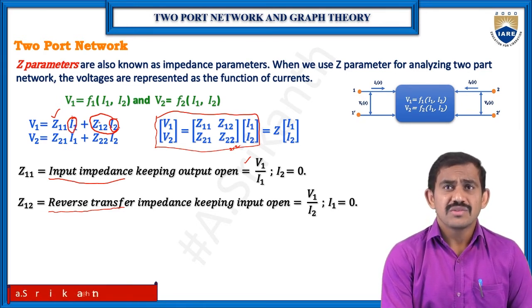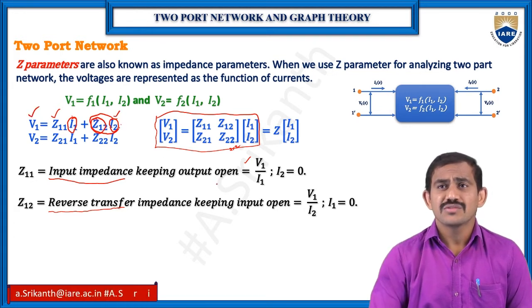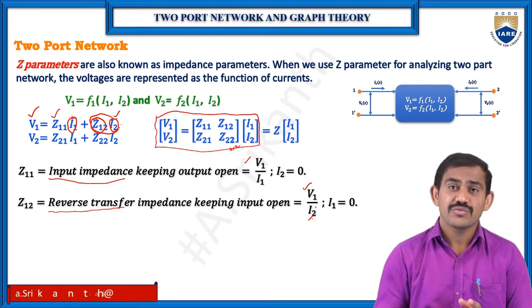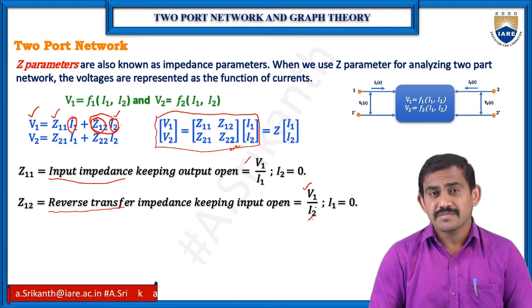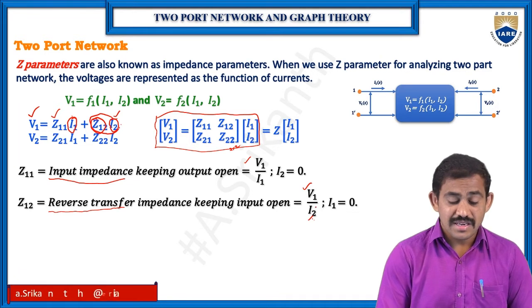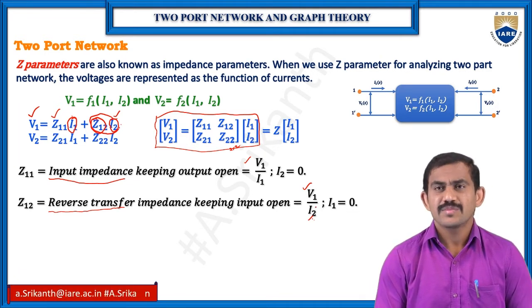Now Z12 equals V1 by I2. So I'm using the I2 value, the secondary side current, to find the impedance. So you can say this is the reverse transfer impedance, with the input open.